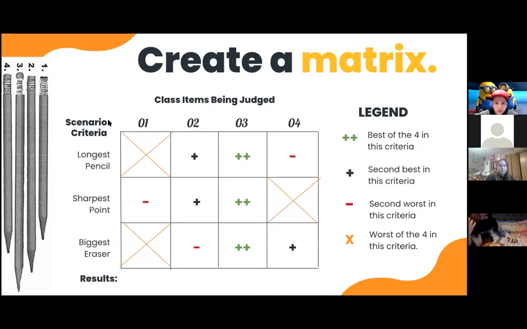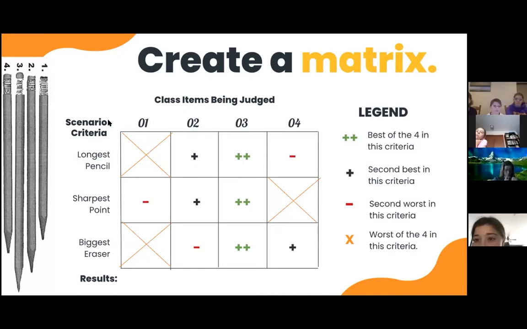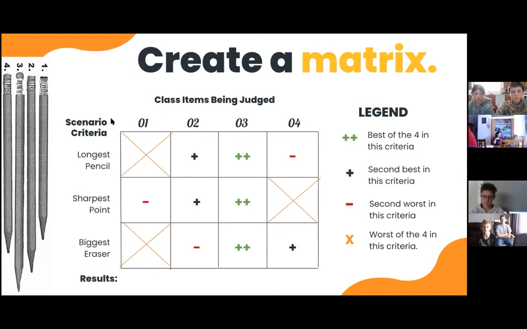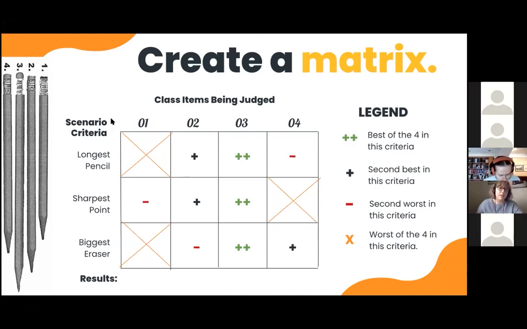Then we ask, what are we basing our decision on? What are we looking for out of each of these items to see if they fit the criteria? In this case, we have the longest pencil, so we're looking for length. We're looking for the sharpest point, so the sharpness of the point. And the biggest eraser is the third piece of criteria.